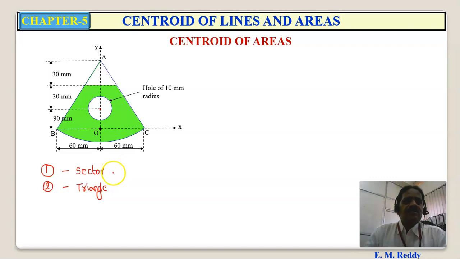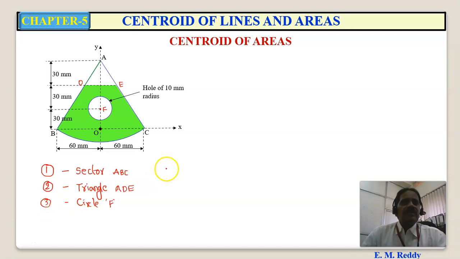I will say sector ABC and the triangle ADE, and the third figure is circle. So let us say circle F, right? So now let us find out.